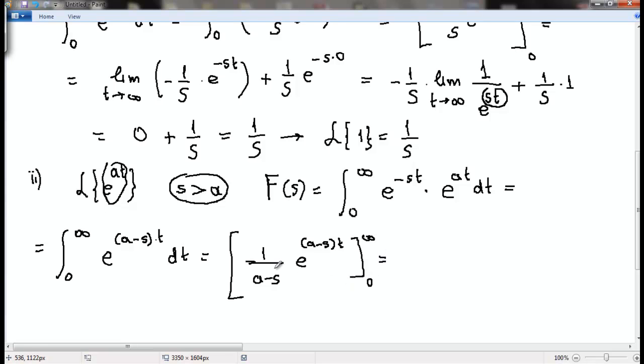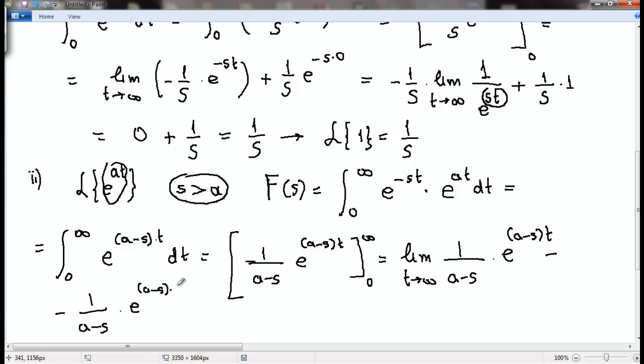So this is again the value of that expression at infinity. It means the limit of 1 over a minus s times e to the power a minus s times t when t tends to infinity, minus 1 over a minus s times e to the power a minus s times 0.